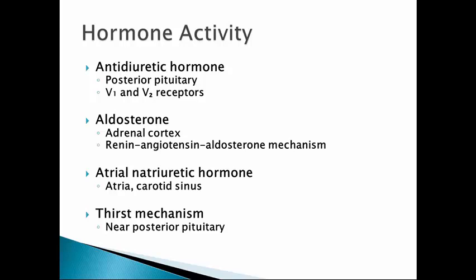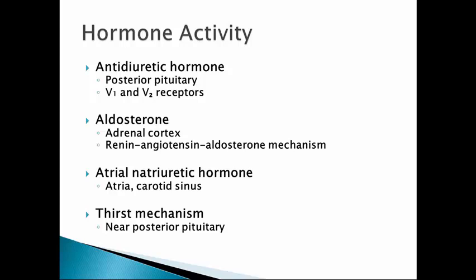The third hormone is the natriuretic hormone. There are actually 3 places where this hormone is secreted: sites in the atria, the carotid sinus, as well as in the brain. And these receptors for this hormone are very sensitive to stretch. So think about stretch.